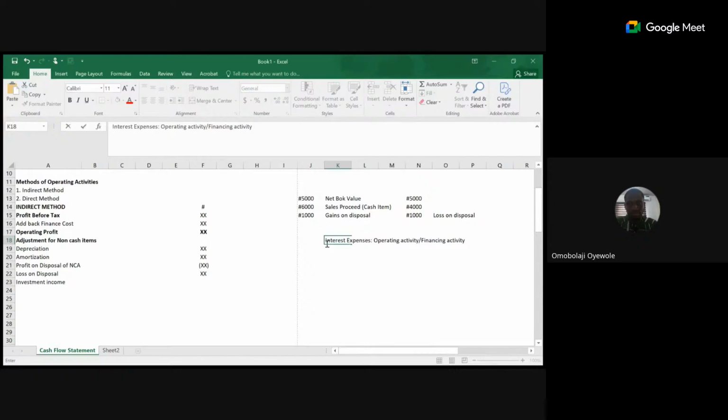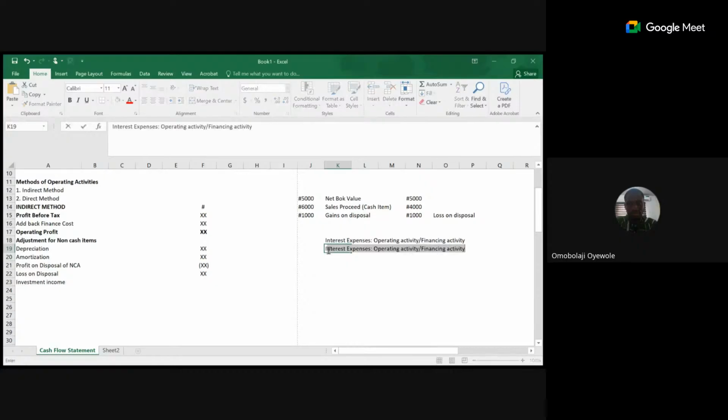But remember that our interest expense is already included in this finance cost. So for us to treat these interest expenses properly, we have to eliminate that finance cost, and then we can determine our interest expense. That is why we are adding back the finance cost.